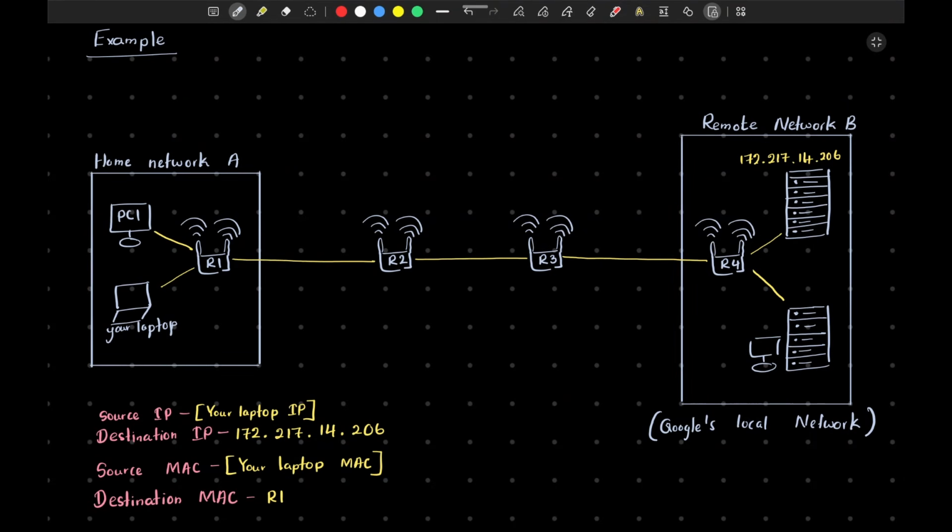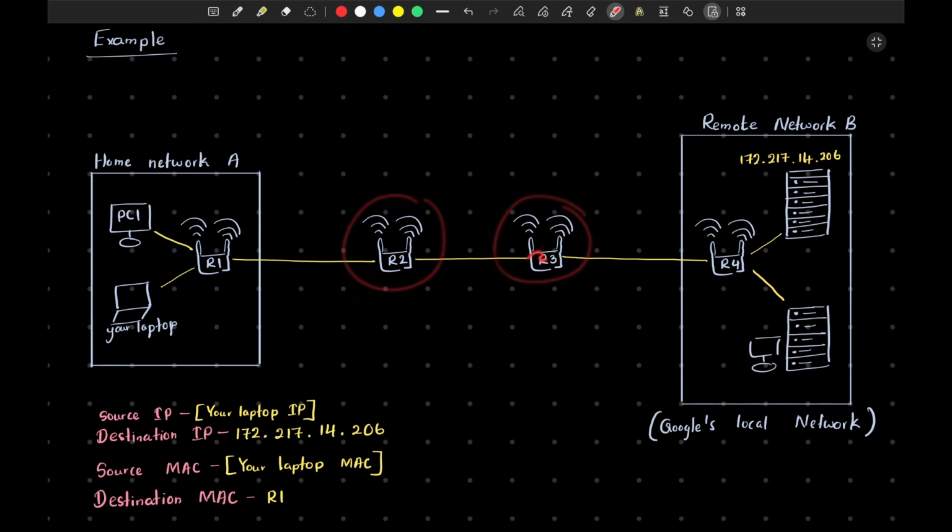So I hope you understood the difference between the MAC address, and why we need to have a MAC address as well as an IP address. So we will clear that more with this example. Let's say we have a home network A, which has a computer and a laptop connected through the router to the global network.